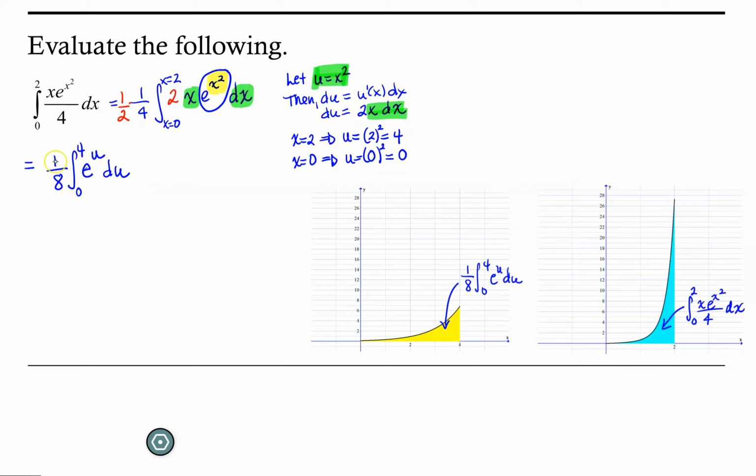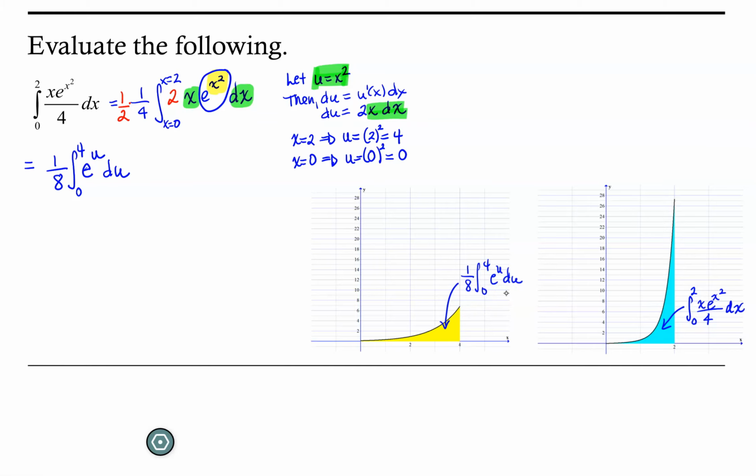And if we think about this in a similar context, that is the area between the function and the x-axis on the interval from 0 to 4, we can compare and see that what we're really claiming here is that the area here in yellow on the left is equal to the area here in blue on the right. And the advantage here is that this integral is much easier to evaluate.